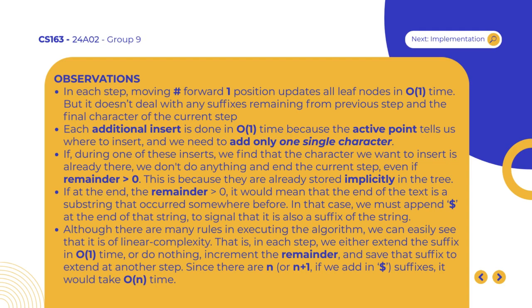If we have the opportunity, we will go back and we will add it in, so that it becomes more explicit. And if at the end the remainder is bigger than 0, that symbolizes that we didn't add in some of the suffixes, or they are stored implicitly in there somewhere.